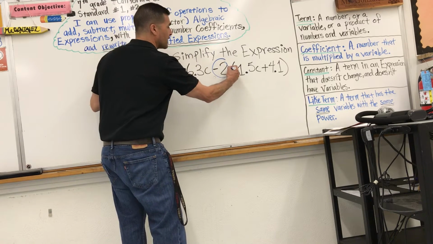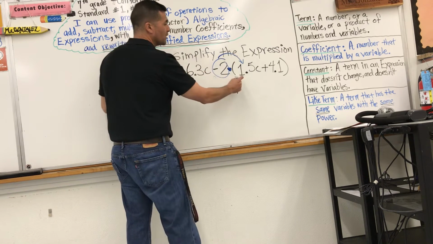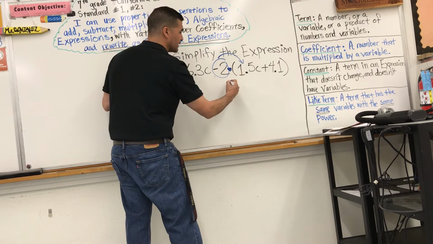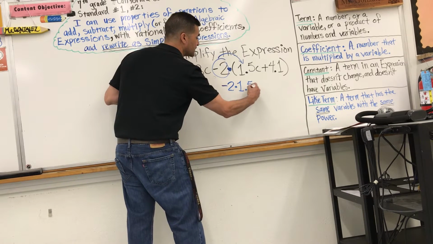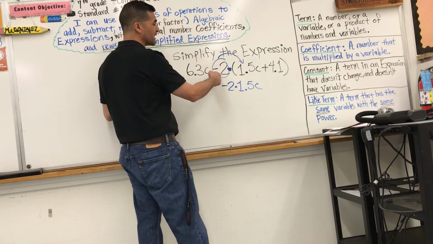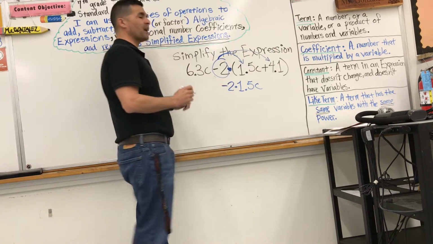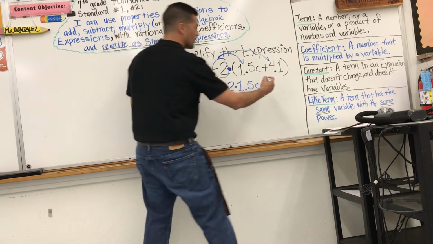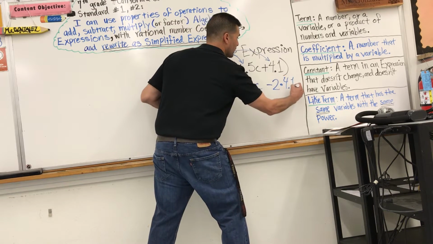By multiplying it. You need to multiply this negative 2 by 1 5/10 c. So I'm going to multiply negative 2 and 1 5/10 c. I also need to pass out the negative 2 and multiply it by 4 1/10. So I'm going to multiply negative 2 times 4 1/10.